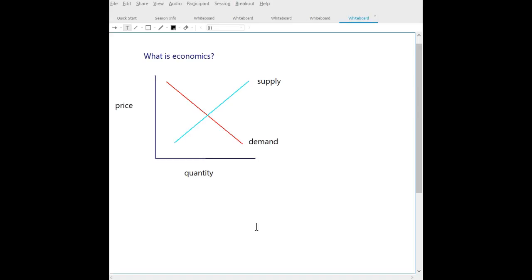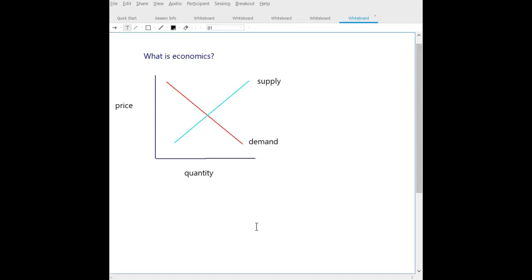The reason we're going to go over just a general overview at first is because economics is a very big field. So if you have not previously had any experience with economics, it's important that you get some background on it. Now, what is economics? What comes to your mind when you first hear the word economics?